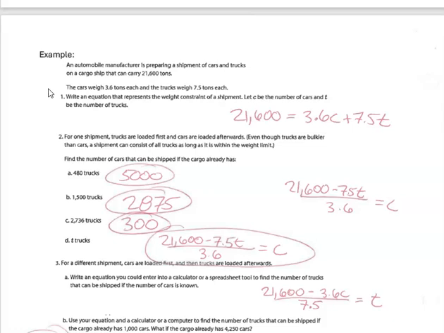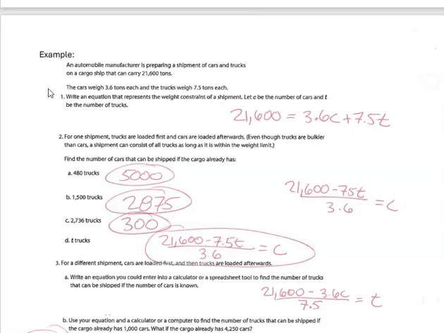Now, the first part here, which is part 2, is they are asking how many cars you're going to have if this is how many trucks there are. Now, the equation that we have in part 1 is not in C equals format or T equals format, but since we know that we're going to be solving for the number of cars, it made sense for us to get the equation in C equals format.